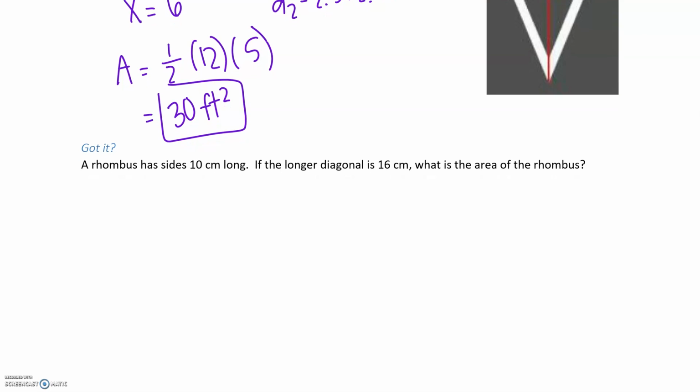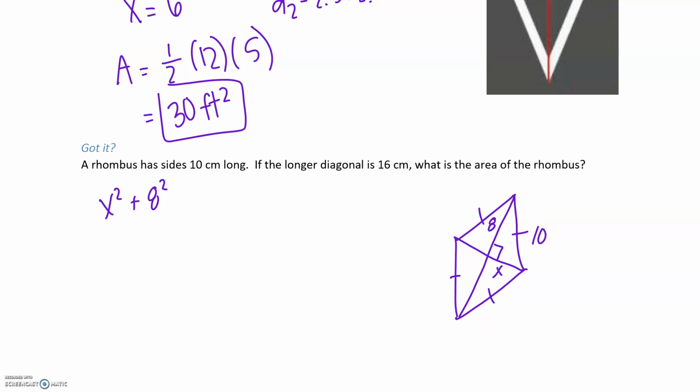Last one right here, we have a rhombus with sides of 10 centimeters long. A rhombus, remember, has sides of the same length, and its diagonals bisect each other. It says that the longer diagonal is 16, which means that half of it is going to be 8. So we want to know this little part right here to be able to find the area. So we're going to do x squared plus 8 squared equals 10 squared using the Pythagorean theorem. That leaves us with x squared plus 64 equals 100.